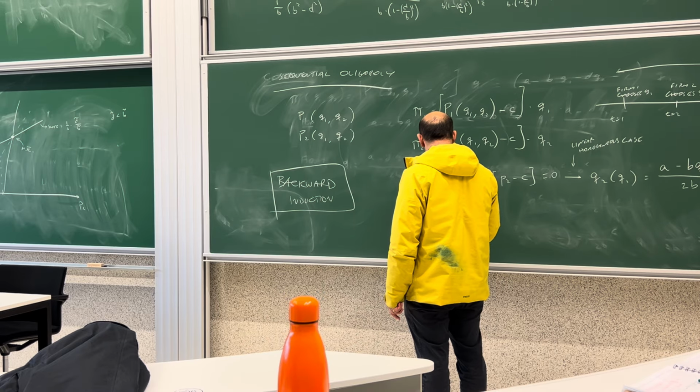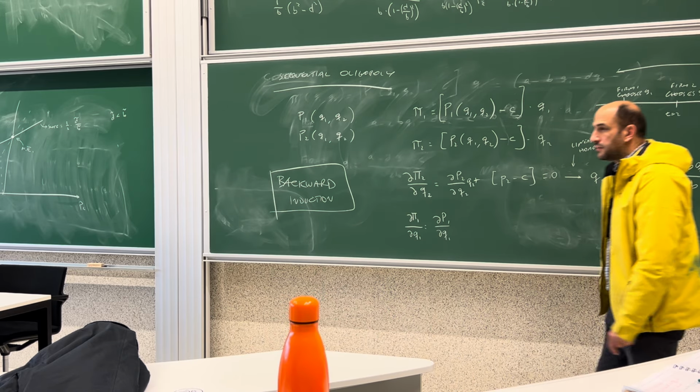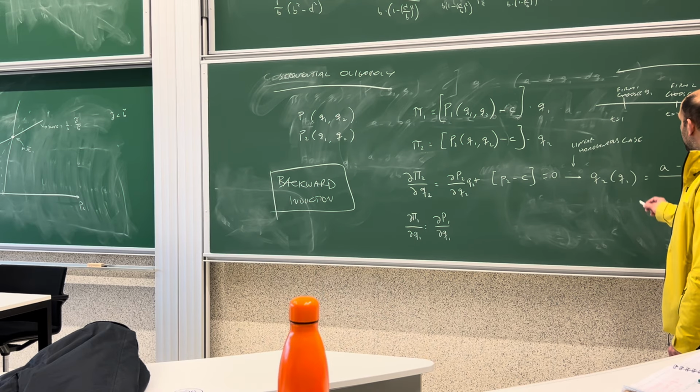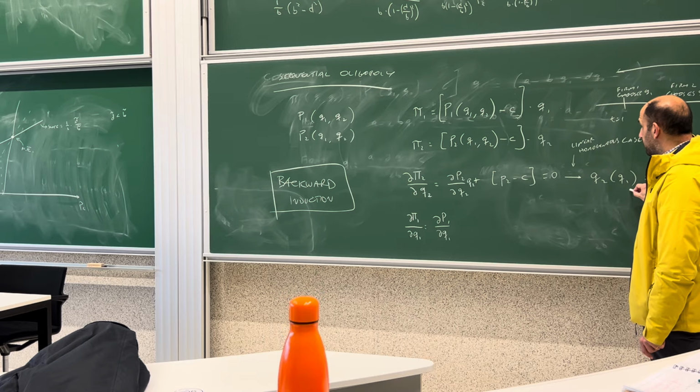Shouldn't you just replace Q2 by that expression and then derive with respect to Q1? Isn't that backward induction? Or do we first derive and then replace? Well, we have Q2 as a function of Q1.